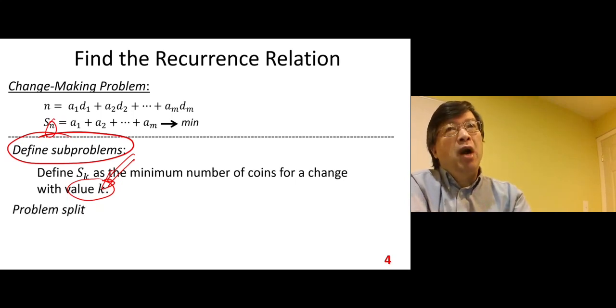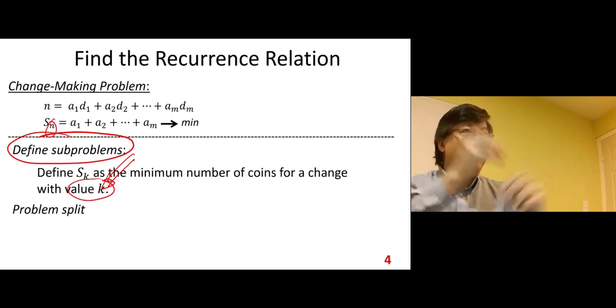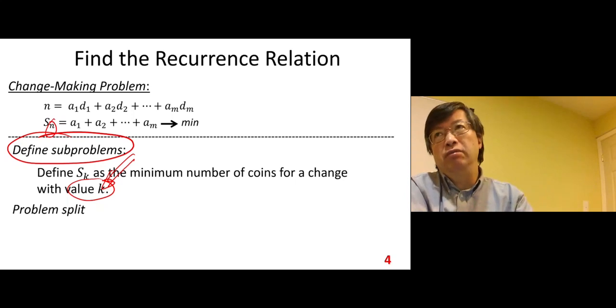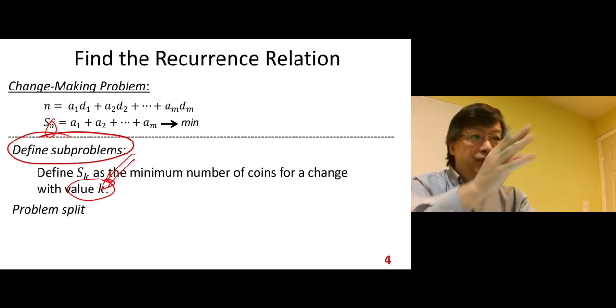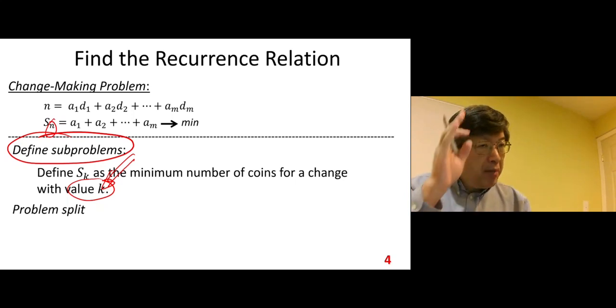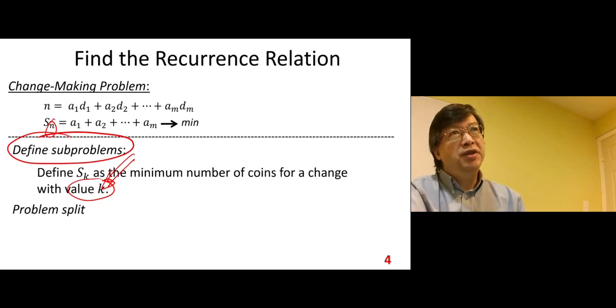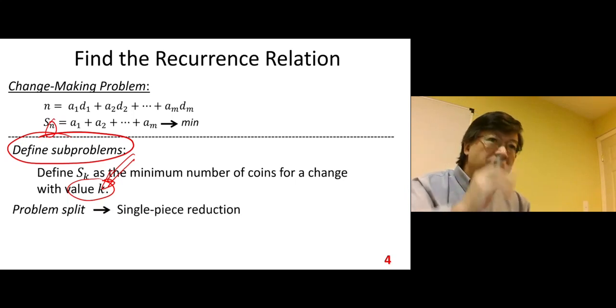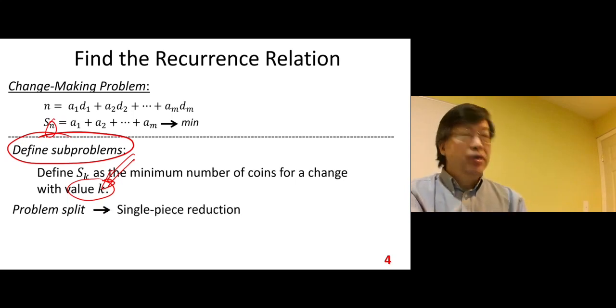Problem split. For problem size reduction, we need to split the problem. How to split a problem? Here I want to introduce a commonly used method, the easiest one. It is called single piece reduction.